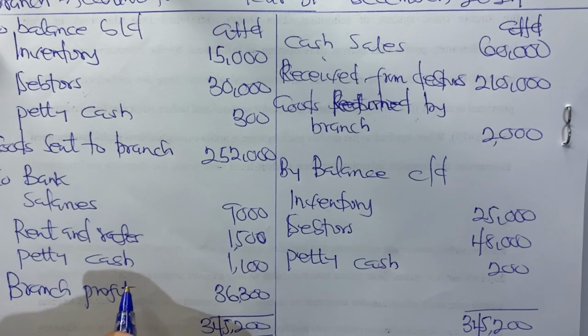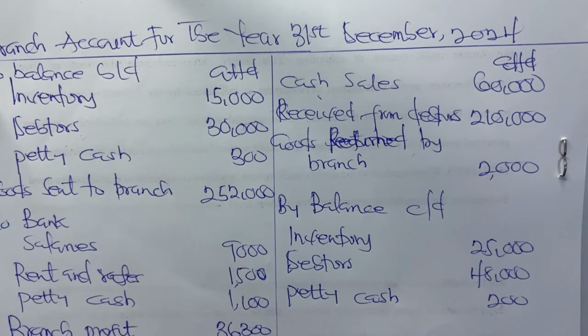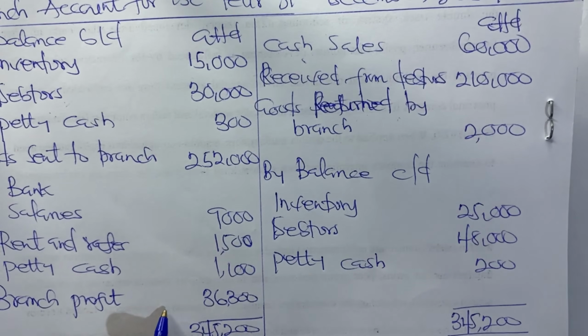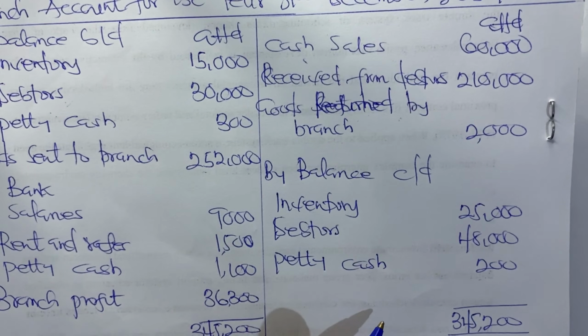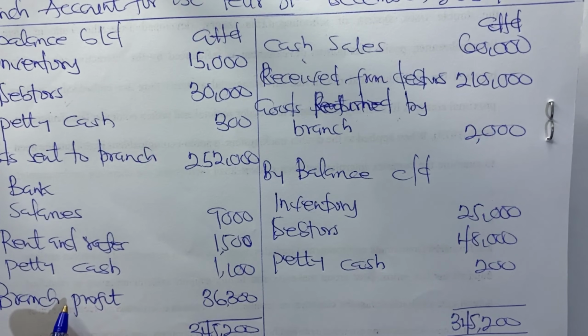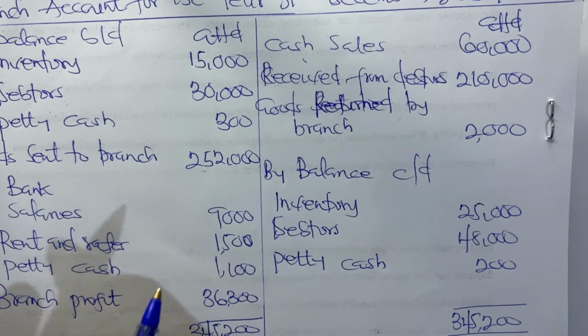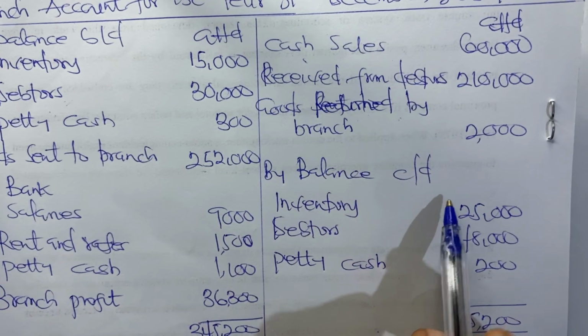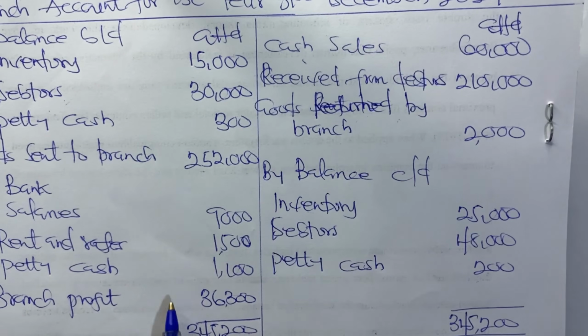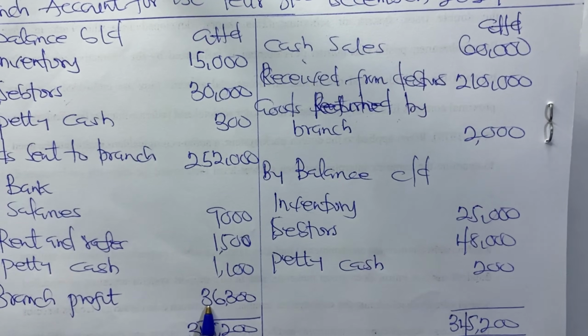Note this branch profit will be transferred to profit and loss account and it will be credited to profit and loss account. This will be found in the general profit and loss account. Good. Take note that if the credit side of the branch account is bigger than that of the debit side, we arrive at what we call branch profit.